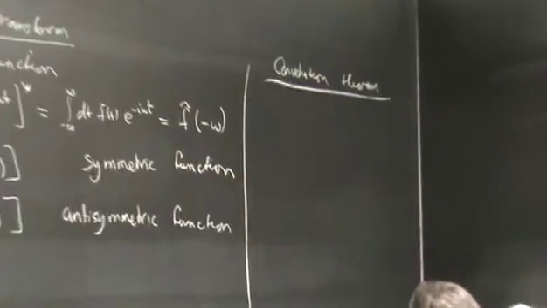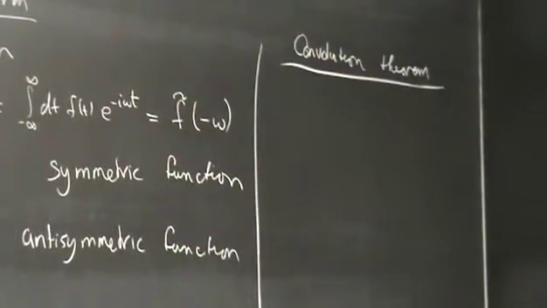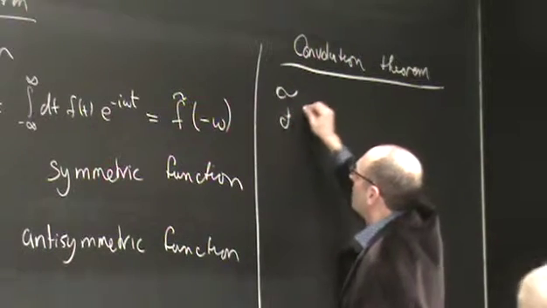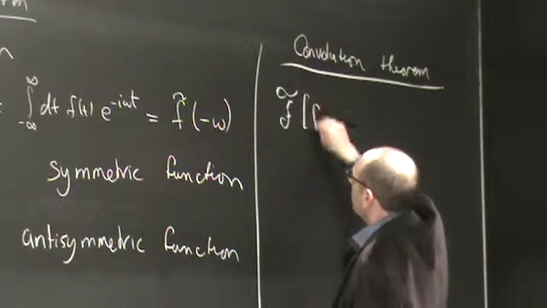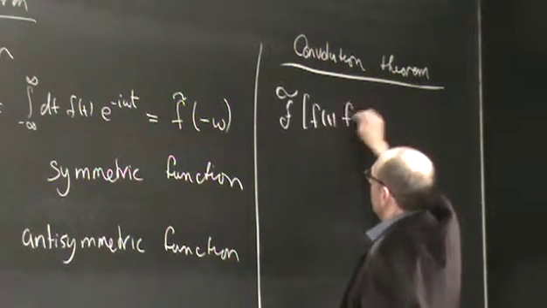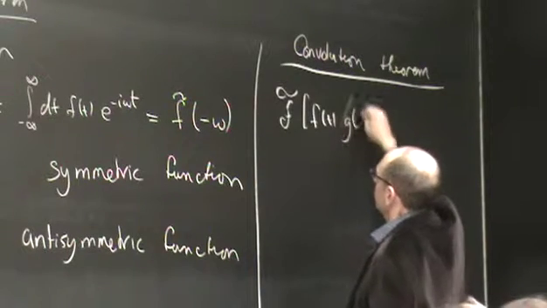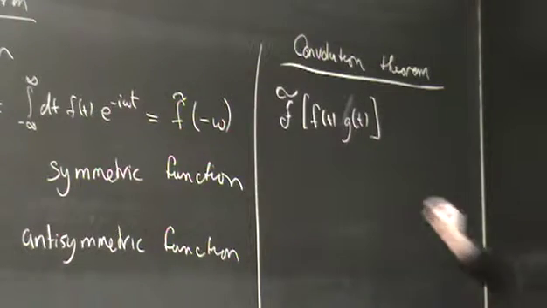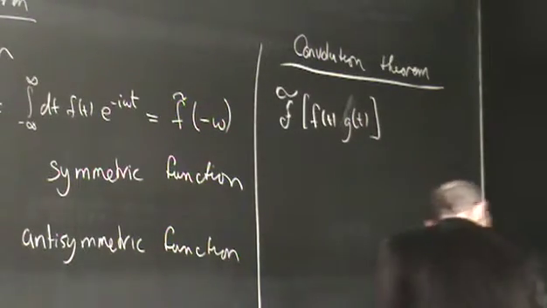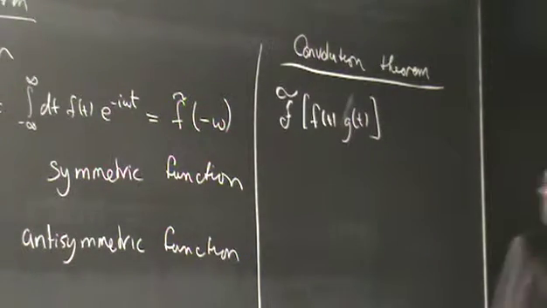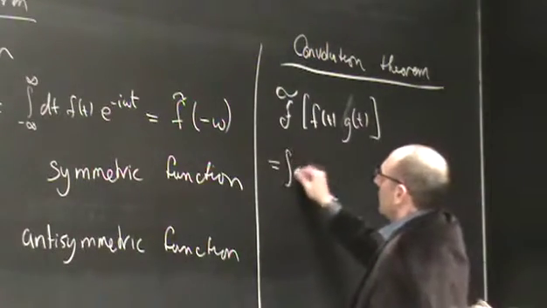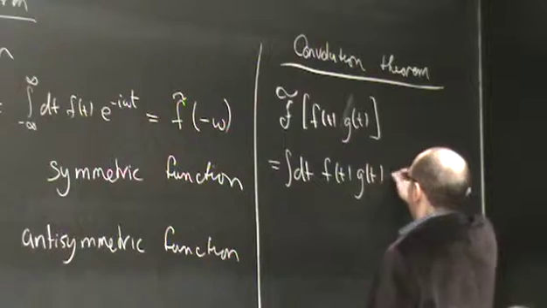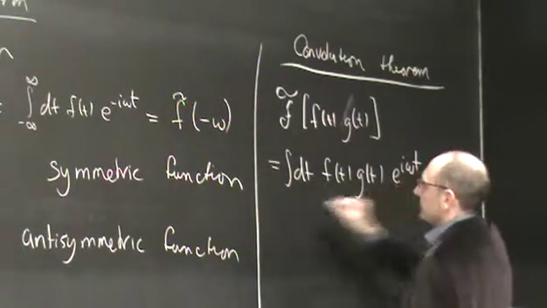So, let's consider the Fourier transform of the product of two functions. Okay, so that's equal to the integral of f of t, g of t, e to the i omega t dt.